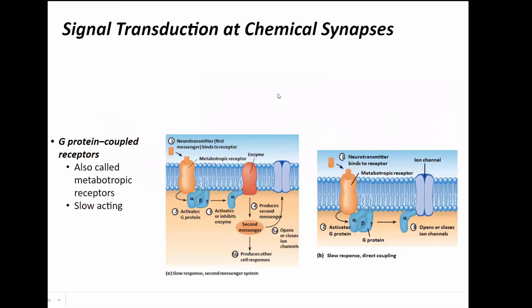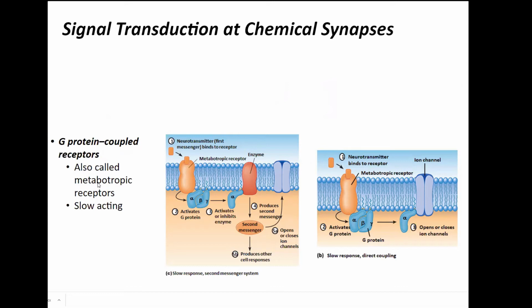So we're going to compare these ionotropic receptors to some G protein coupled receptors that we will also refer to as metabotropic receptors. So our fast channels are the ionotropic receptors. These are metabotropic receptors. Those are like opposites of each other.